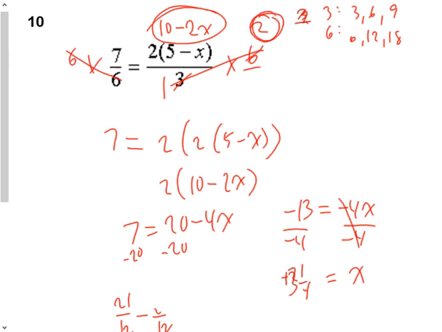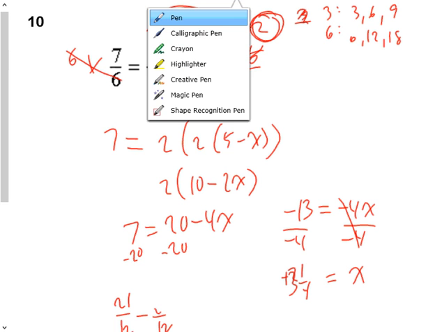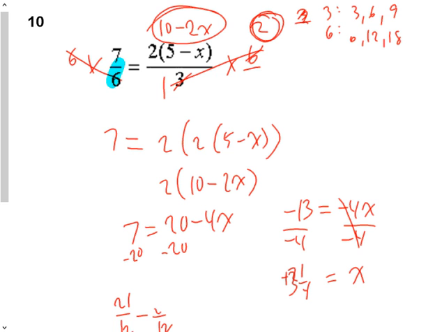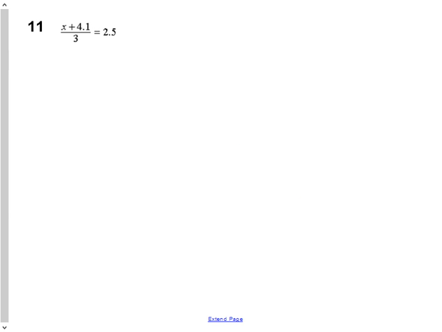So the moral of the story is, if you have an equation with fractions, multiplying it by a common multiple of the denominators will give you an equation that does not have fractions, and to me that was a much easier way to solve that equation than the first way. So that's up to you though. Question 11, multiply both sides by 3.